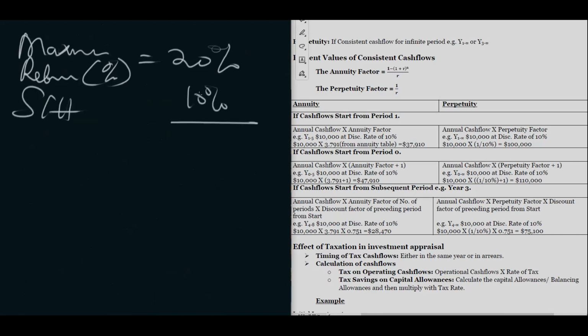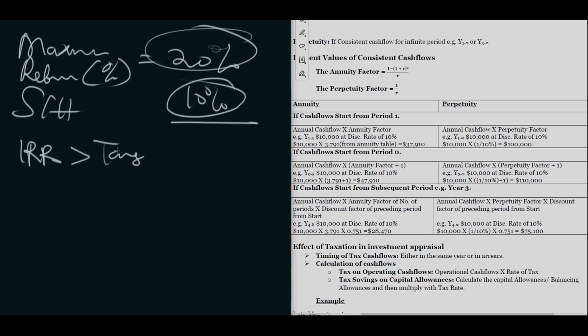Yes, it is worthwhile because the maximum return that it can give is more than what shareholders require, meaning that you can give them their share, which is the 10%, and still have an extra 10% to reinvest into other things. So we say where IRR is greater than the target rate, or what the investors want, you accept the project because it means that the maximum return the project can give is more than the investors want.